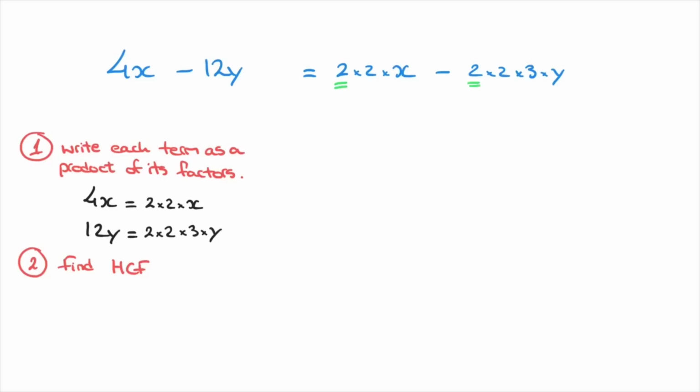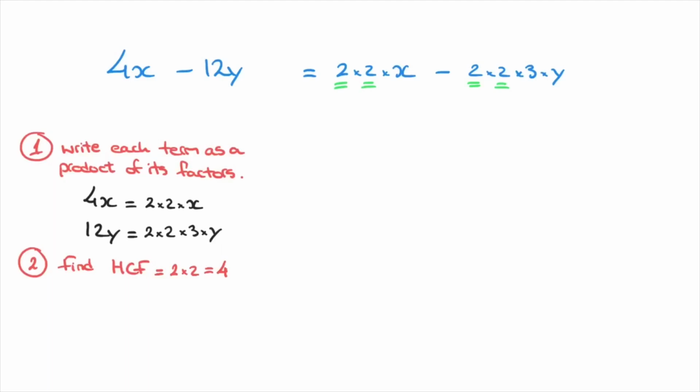And the first term has a second 2, and so does the second term. We can also see that the first term has an x, but there's no x in the second term. And we can see that the second term has a 3 and a y, but the first term doesn't. So all that these two terms have in common is 2 times 2. So the highest common factor in this case is equal to 2 times 2, which equals 4. And that's our second step done.